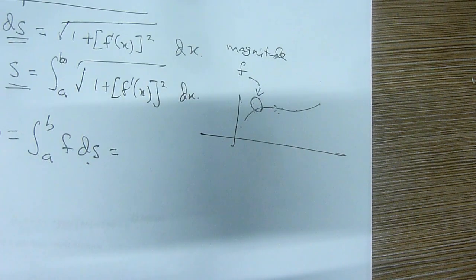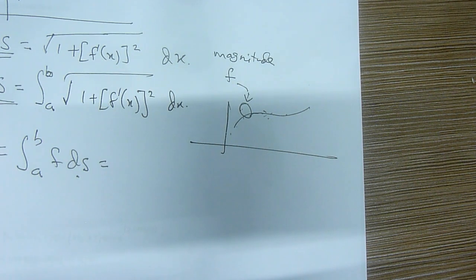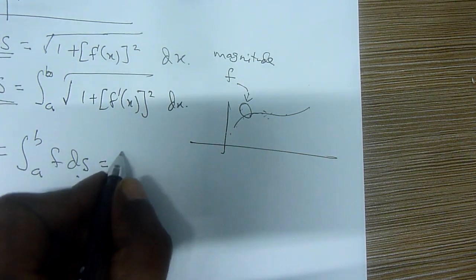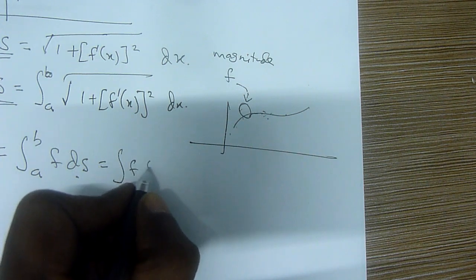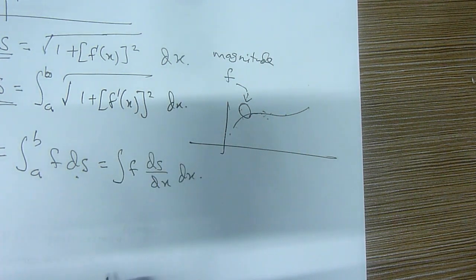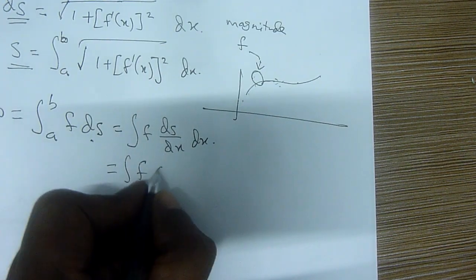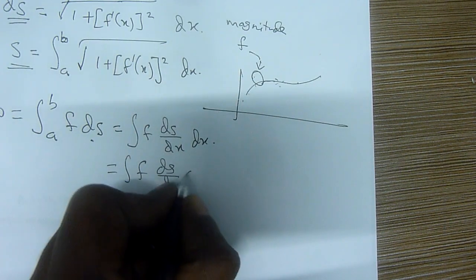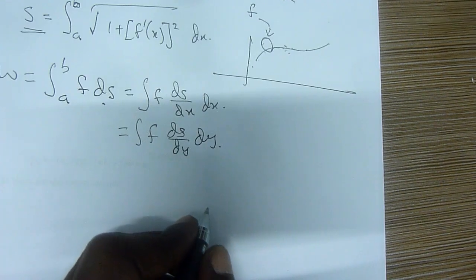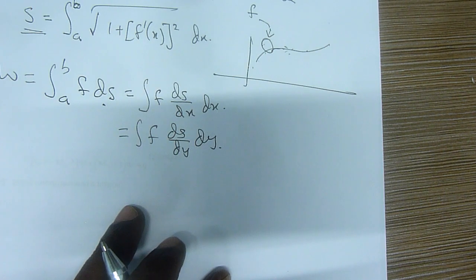Remember f is a magnitude, it's a scalar. Sometimes this will be written as ds/dx times dx. Remember, there are various ways to represent it. Sometimes it will be written as ds/dy times dy. I'm writing various ways how they represent this.